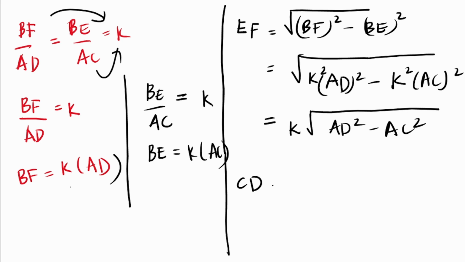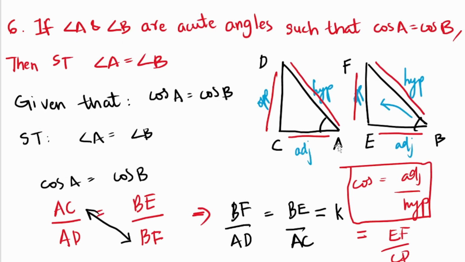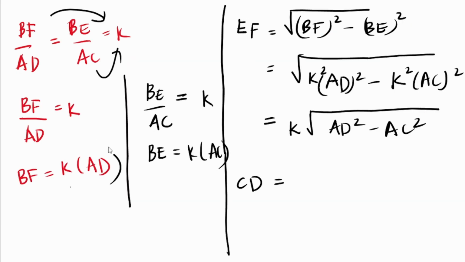Now you have to find CD, right? This is CD. CD is root of AD square minus AC square. You can see, hypotenuse square minus adjacent square, so it is root of AD square minus AC square.